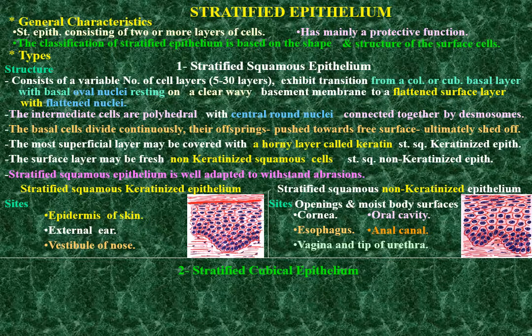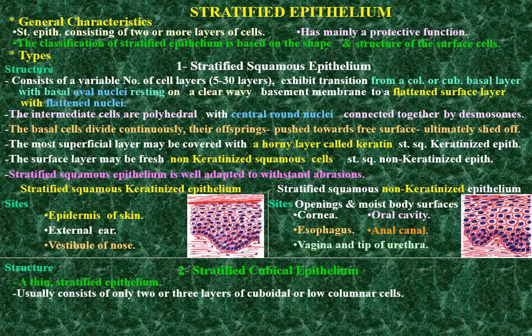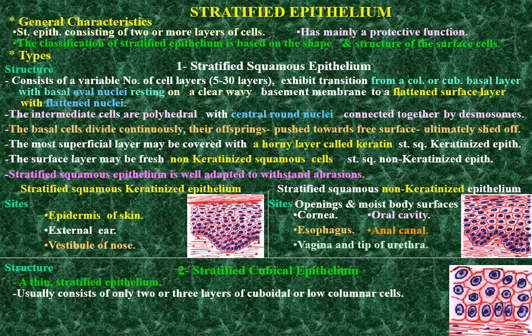Stratified cuboidal epithelium. Structure. Stratified cuboidal epithelium is a thin, stratified epithelium which usually consists of only 2 or 3 layers of cuboidal or low columnar cells.